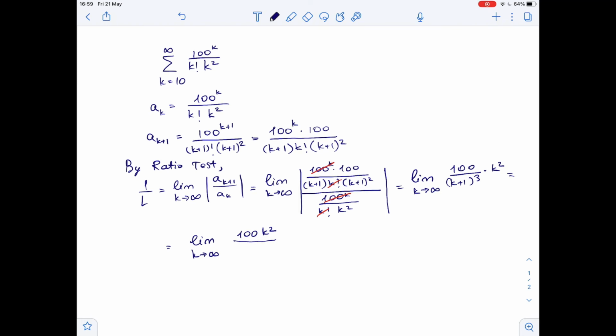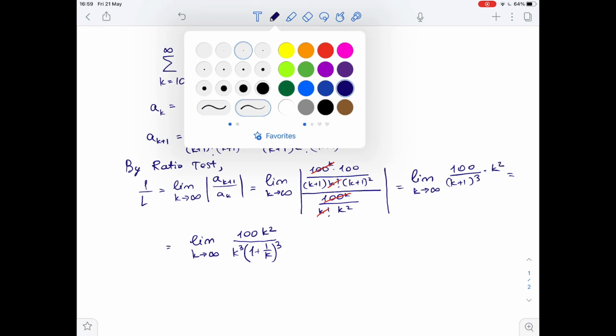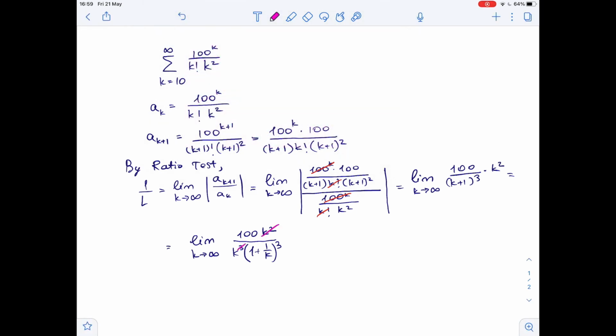So we will have k cubed times 1 plus 1 over k cubed. Now let's just cancel out our k's. So here we'll have it like this, and we get our answer. So limit where k approaches infinity of 100 over k times 1 plus 1 over k cubed.